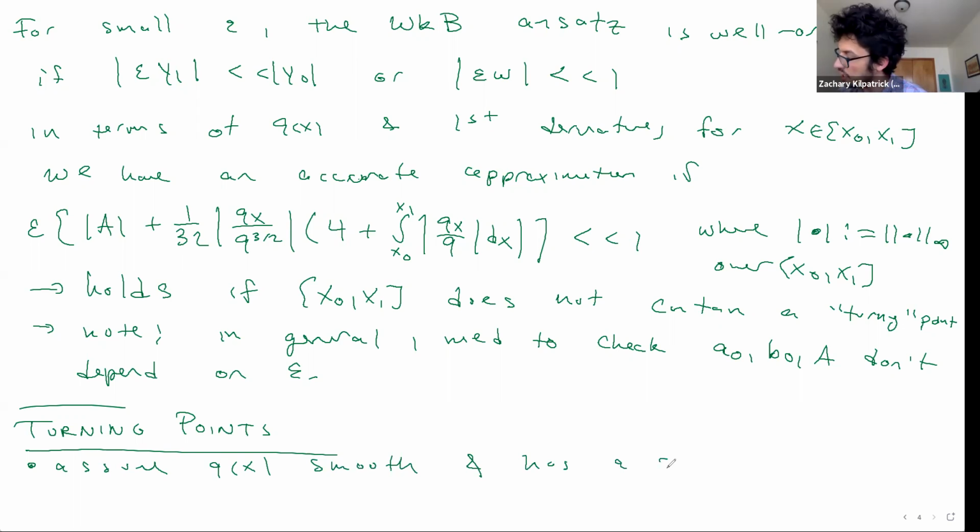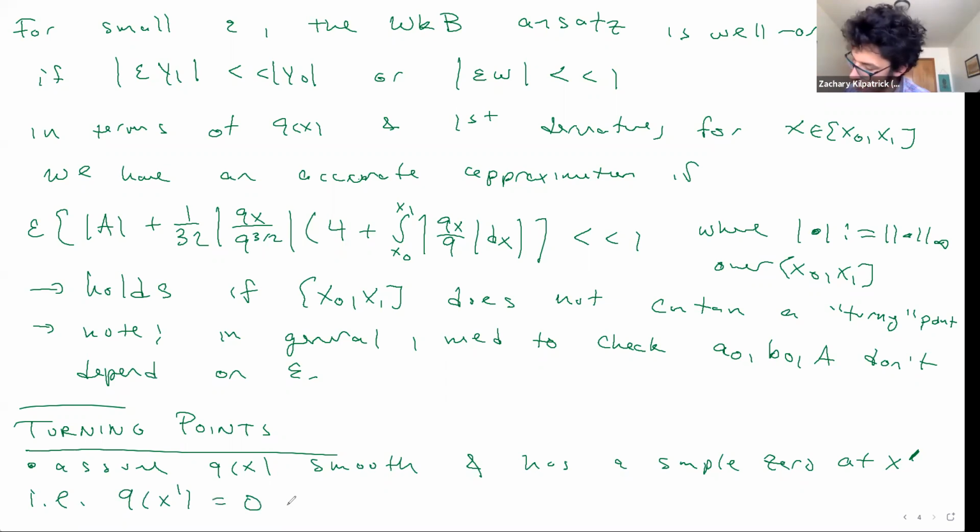In particular, we're going to look at the case where it just has a simple 0 at some point x prime, which lives between 0 and 1. So q of x prime is equal to 0. And it's simple, which means that q prime of x prime is not equal to 0.